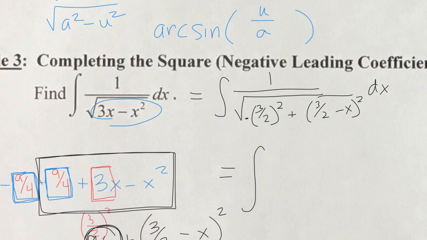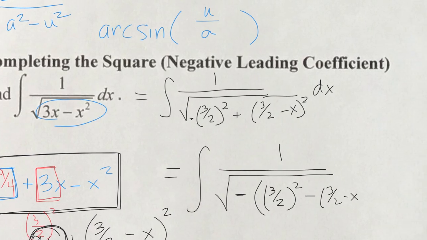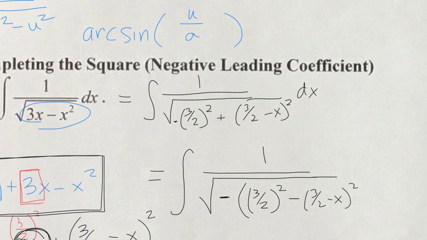But let's make it, because we're going to manipulate this thing until it works. What if I pull the negative out here? Is that okay? That means I now have a positive 3 halves squared minus 3 halves minus x squared. Right? So there are devious little algebra things that we can do in order to make our equation exactly how we need it to be.